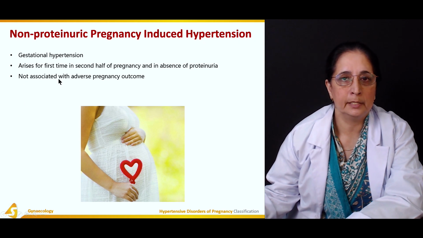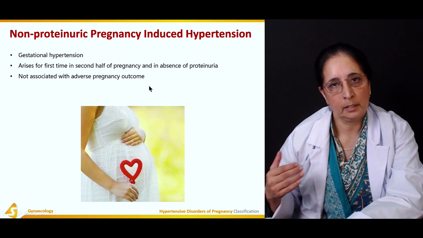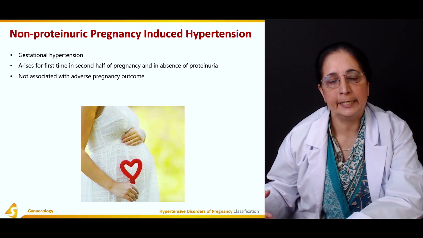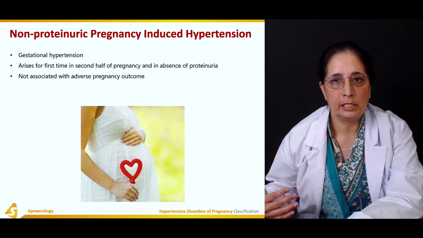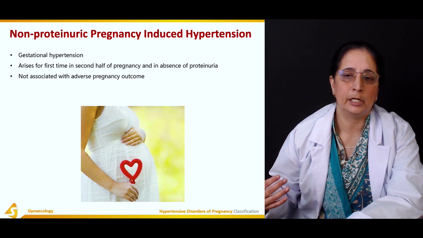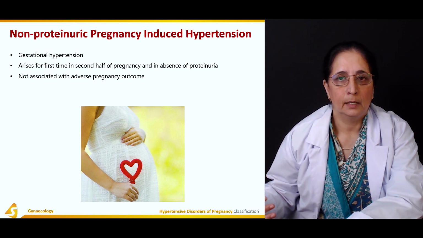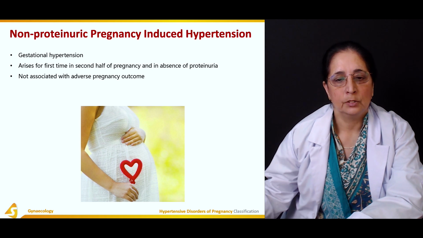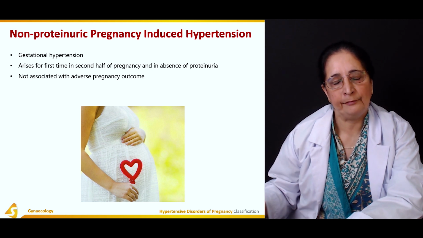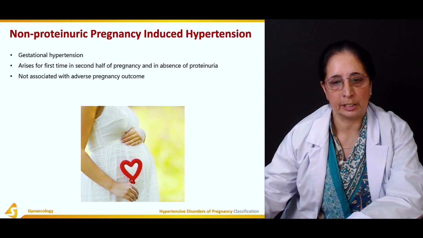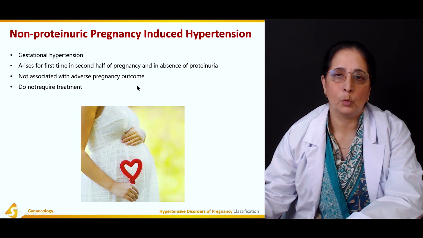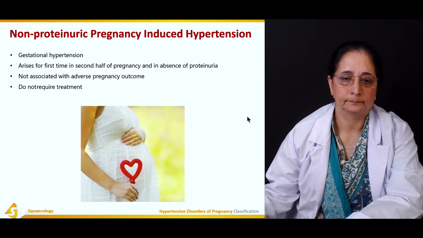It is usually not associated with adverse pregnancy outcomes or complications like intrauterine growth retardation or pre-eclampsia. So this is a little safer type of hypertension. It does not require any treatment.